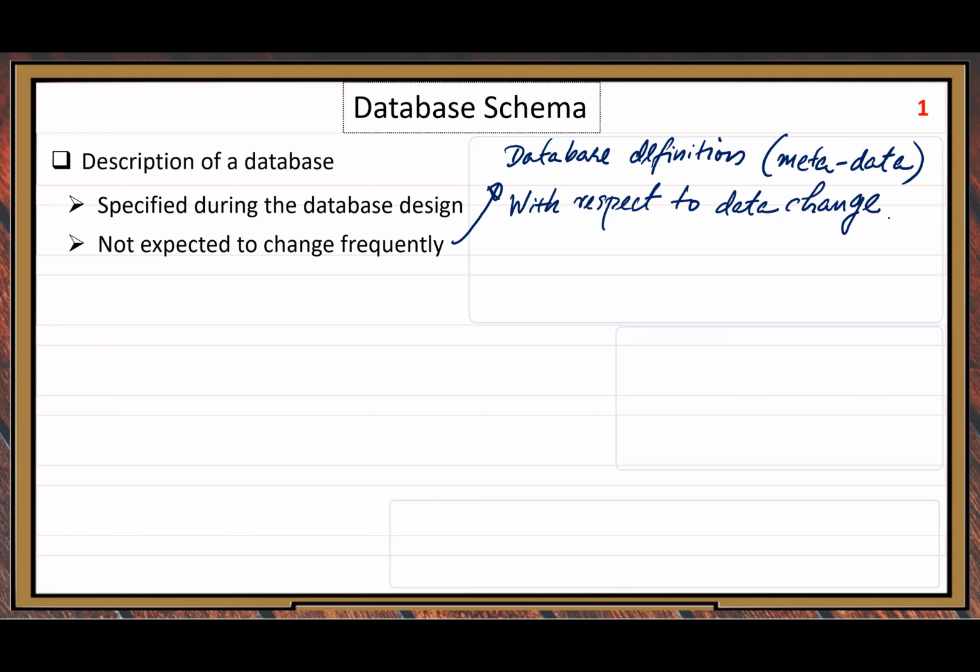And we do not change our database structure as frequently as our business data, in that kind of comparison. But it does not mean we never change it, because you may need to do a lot of change in your database design, especially at the early stage.